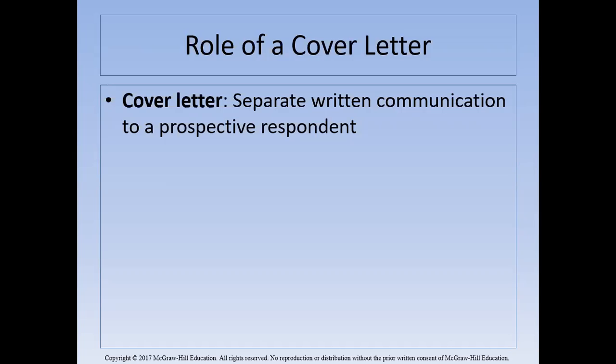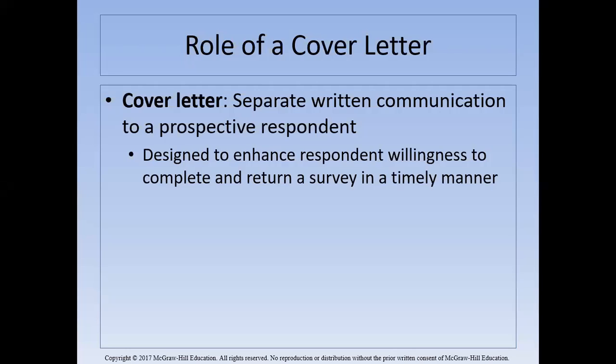It's a communication letter part that they read before they do any survey. It's designed to enhance the respondent's willingness to complete and return the survey in a timely manner. So you're asking for help. You might say that if you answer this, you might win a gift or something.